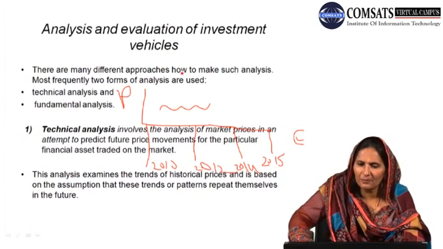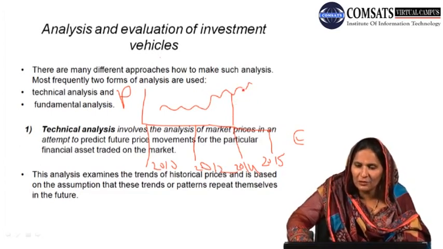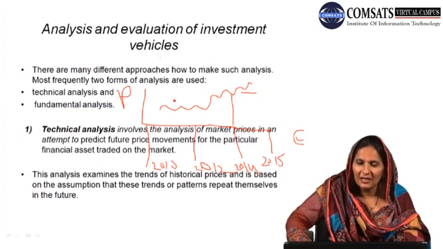For example, if we observe the volatility here, the up and down fluctuations we are observing in the price of this asset. And at 14 we see that the price is again fluctuating, and we try to predict the future time period price. Okay, what will be the price of this particular vehicle in future time period? We should analyze the price of this particular vehicle in the past time period.